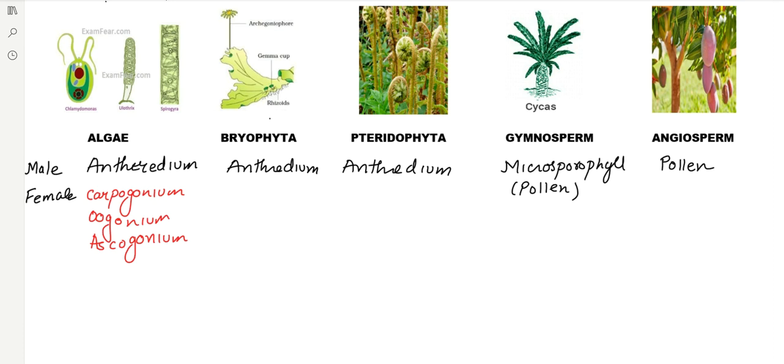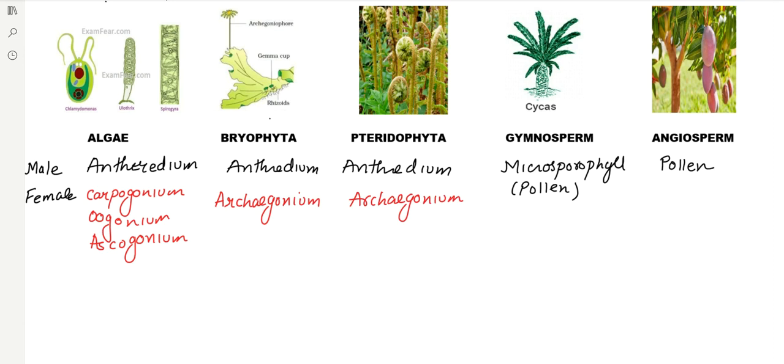Later, in bryophyta, the female reproductive part has changed to archegonium. This archegonium was carried forward till gymnosperm. What we need to understand is one particular fact.